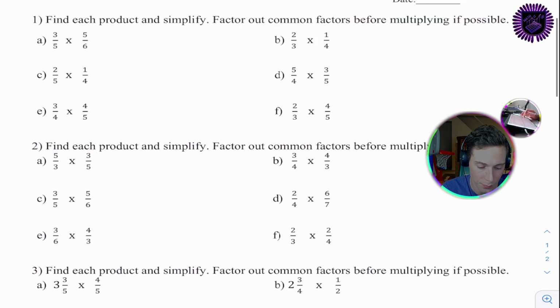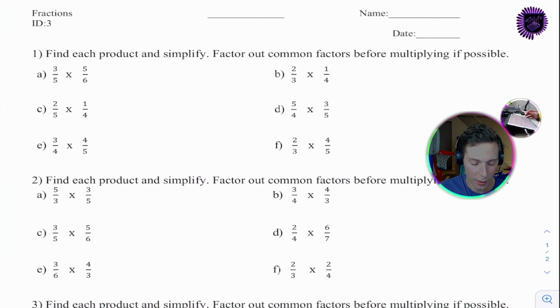So, question number 1A. Find each product and simplify. Factor out common factors before multiplying if possible. So this is a strategy I've been encouraging all my students to work on.